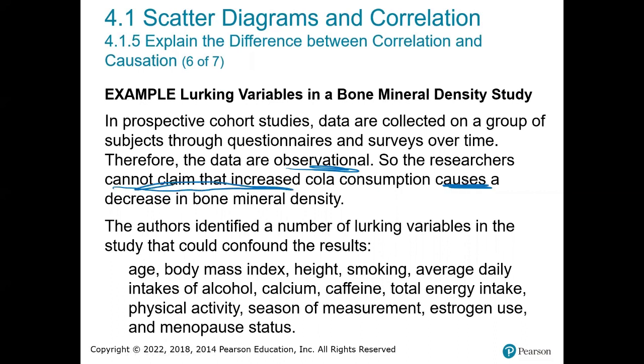Here are some other options: age, your body mass index, your height. Were you a smoker? Do you drink alcohol? How much calcium do you take? Do you drink caffeine? How much physical activity do you do? Do you use any hormone replacement? Where are you in your menopause? There are so many other things that could impact bone mineral density, like genetics.